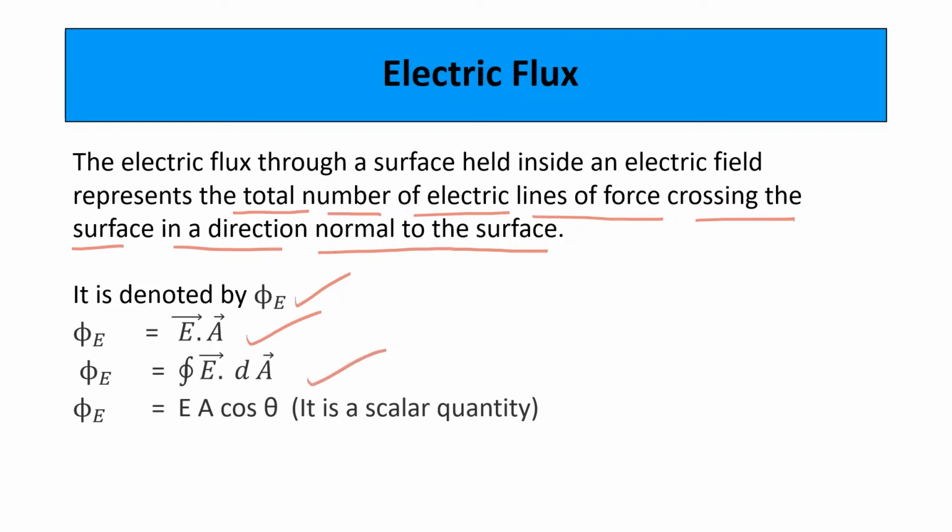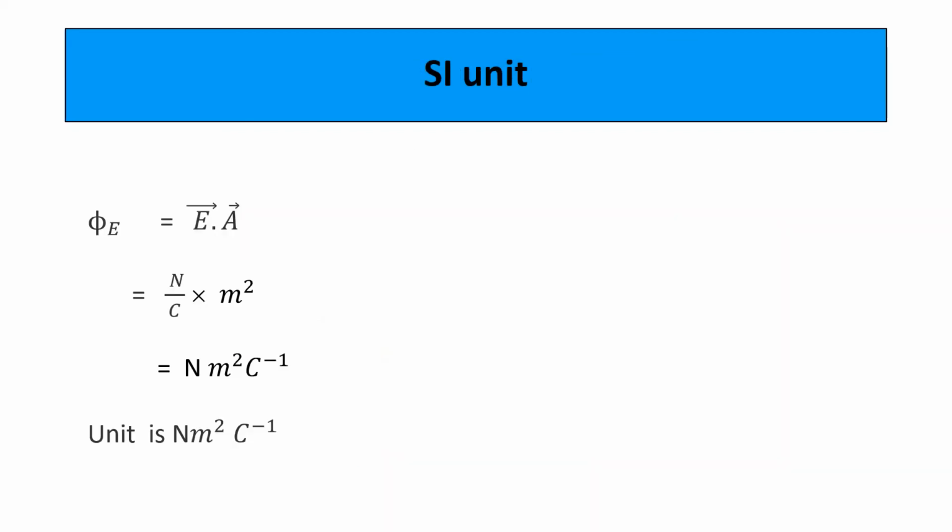It is EA cos theta and it is a scalar quantity. What is the SI unit of electric flux phi E? The unit of electric field is Newton per Coulomb. Area unit is meter squared. Therefore, the unit is Newton meter squared per Coulomb. This is the unit of electric flux.